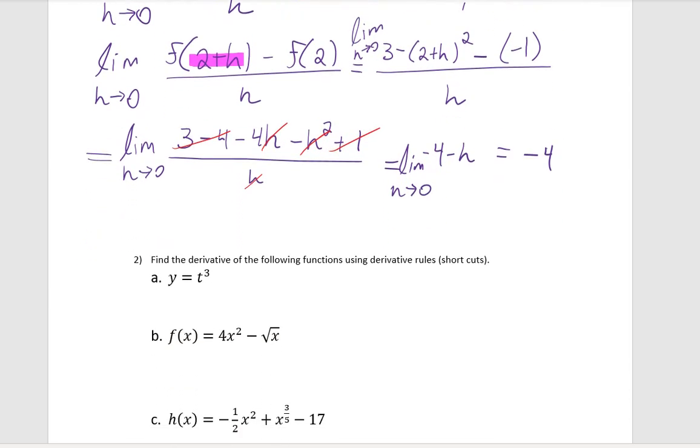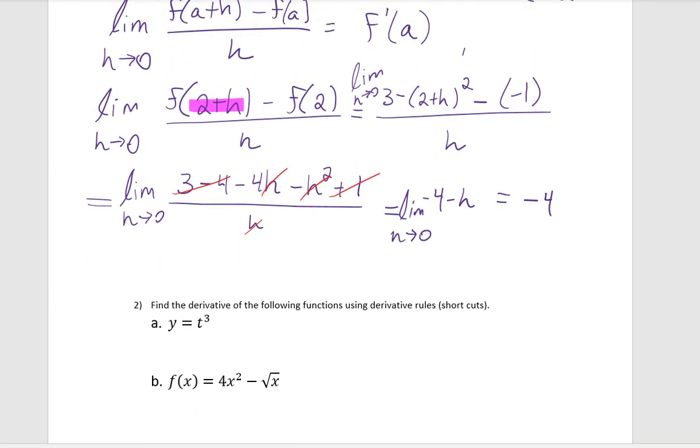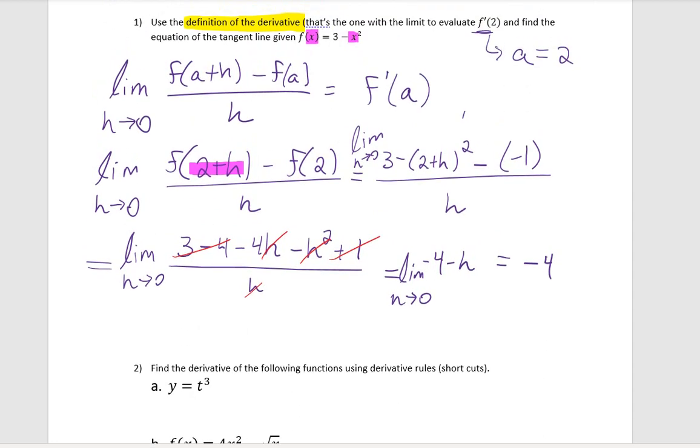negative 4. Perfect. Now, the rest of the problem actually wanted me to find the equation of the tangent line at that point. So remember, the equation for the tangent line is y equals mx plus b. Okay, so in this case, that negative 4, remember the derivative is the slope of my tangent line, so that's my m. That's this guy right here.